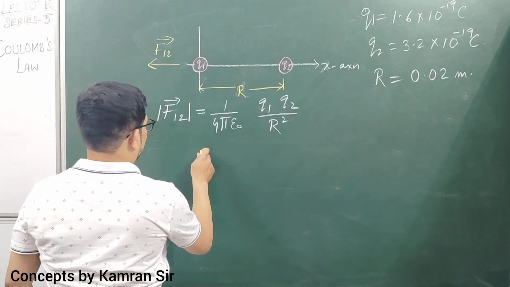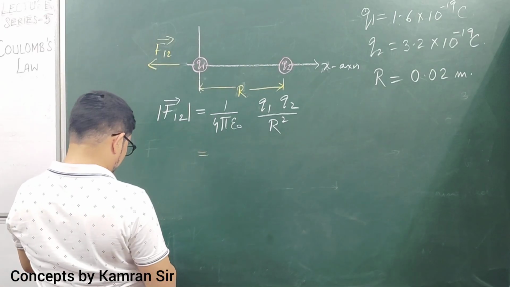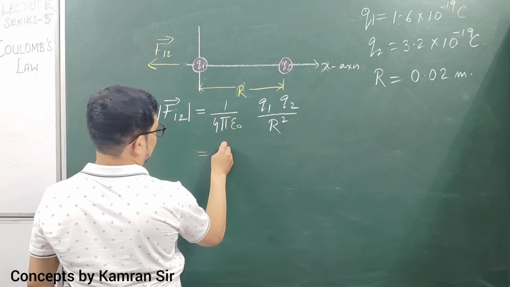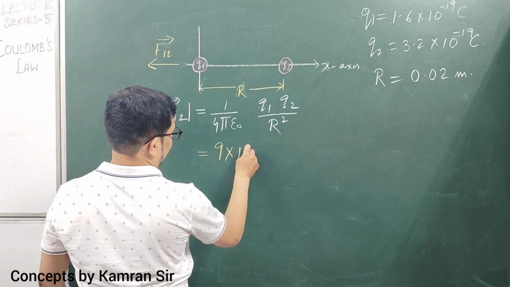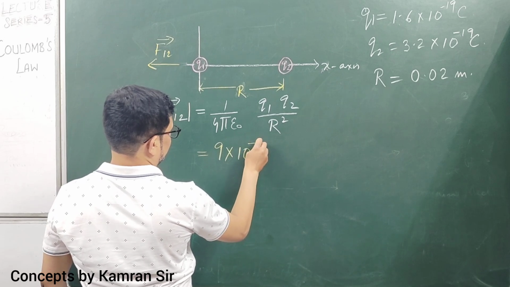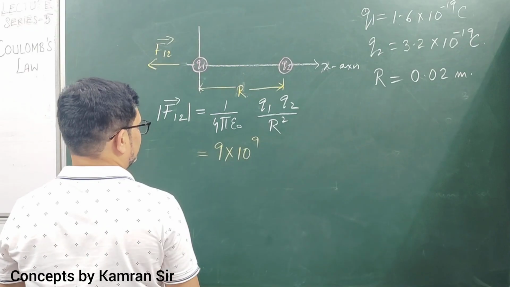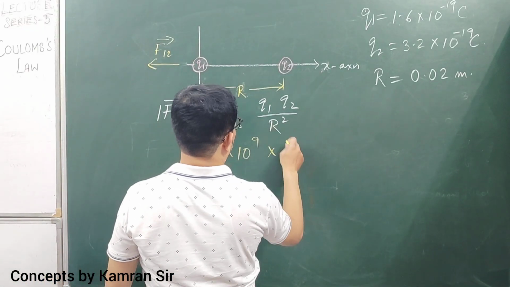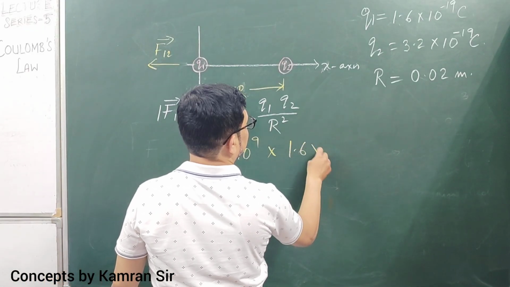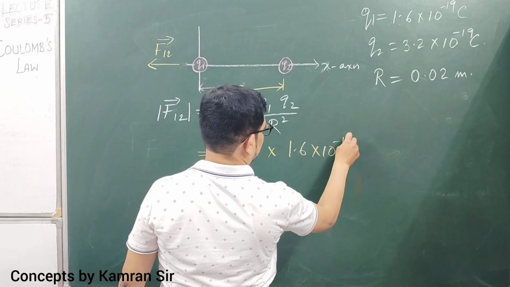So let us put in all the values. We'll be getting 1 over 4 pi epsilon naught, which is approximately 9 times 10 raised to the power 9, times Q1. Q1 is given, 1.6 times 10 raised to the power minus 19 coulombs.